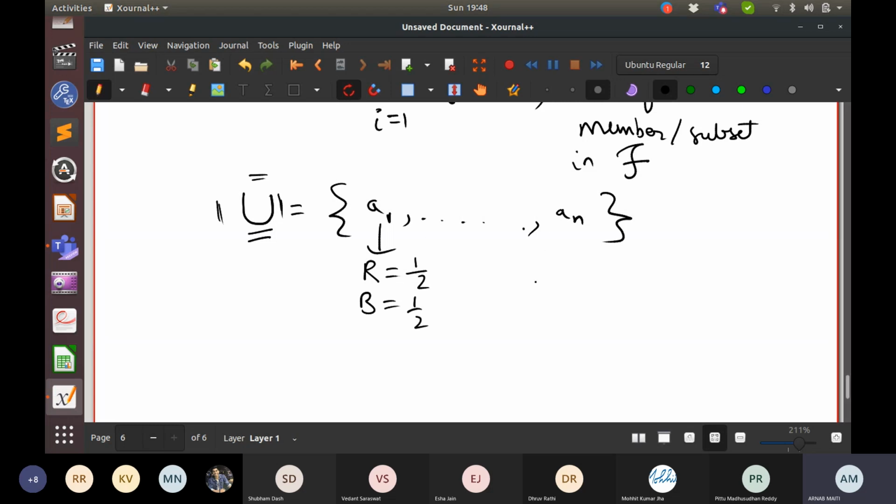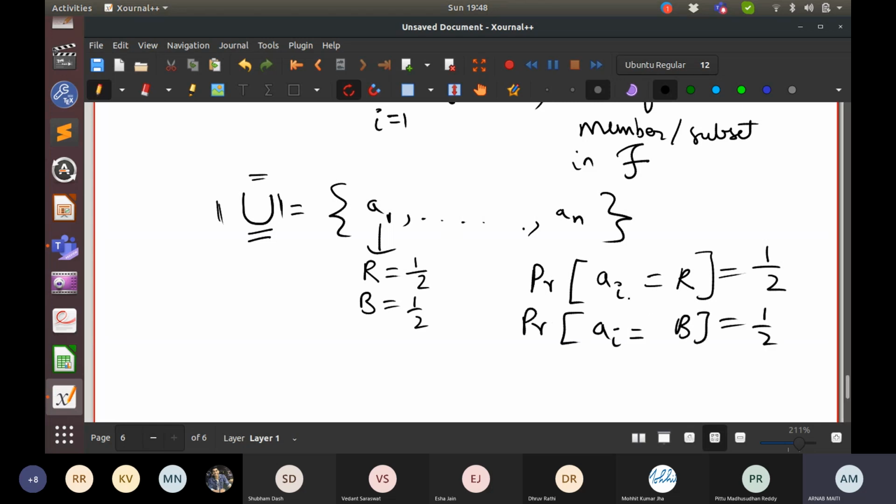So if you take any element, the probability that its color is red is half, and the probability that its color is blue is half. So we are randomly coloring U, with half probability for each element.